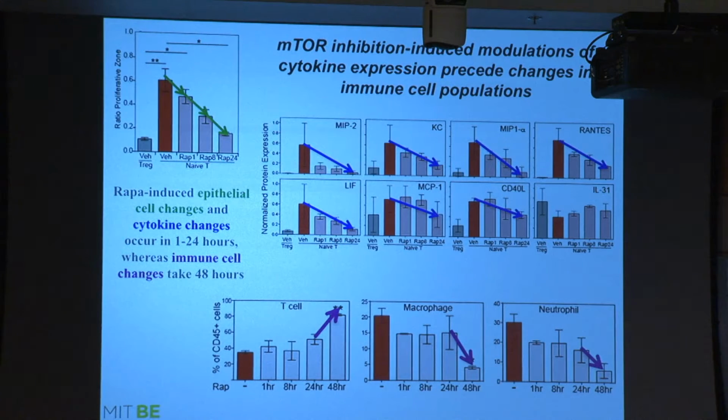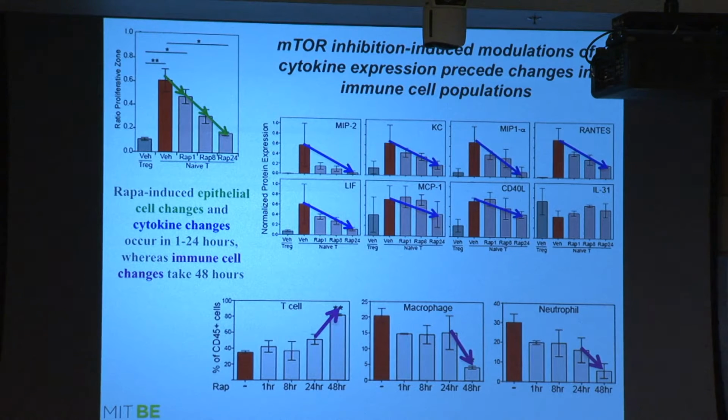And in fact, if you do a time course, that seems to be the case. If you have an mTOR inhibitor, the very first thing that happens is changes in the epithelial cells, essentially the proliferative to differentiated fraction.